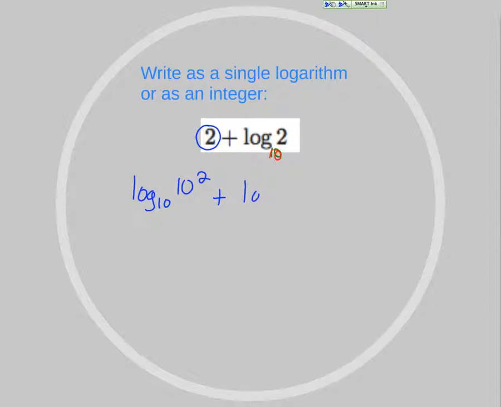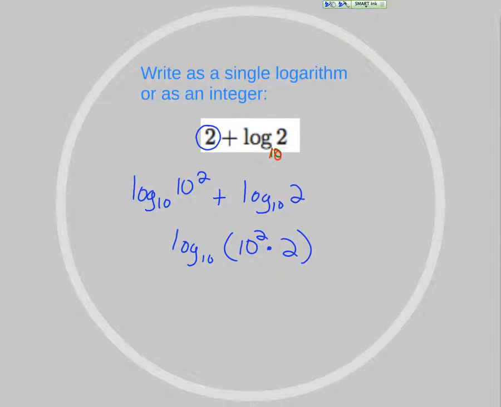So then this is still log base 10 of 2. Now I don't really need those 10s anymore, but it's nice to see that. So now when we're adding, we know we have to multiply. So I've got log of 10 squared times 2.